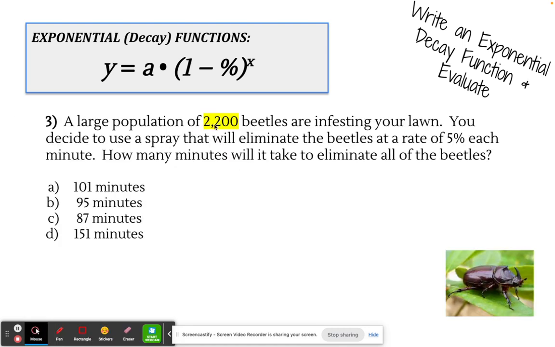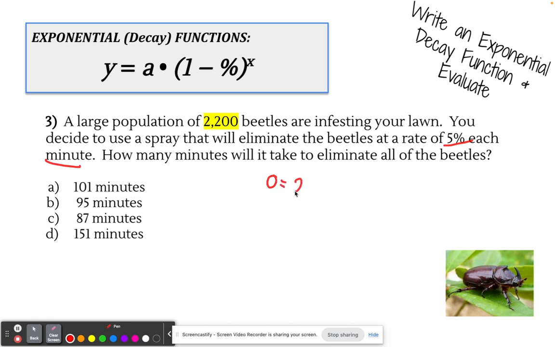Okay, this one tells us a large population of beetles is infesting my yards. I don't like beetles. I've decided to use a spray that will eliminate beetles at a rate of 5% each minute. And how many minutes will it take to eliminate all of them? So really, I want to know at what point my y will be 0. I have no more beetles left.